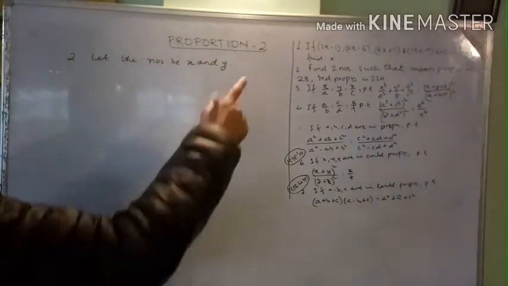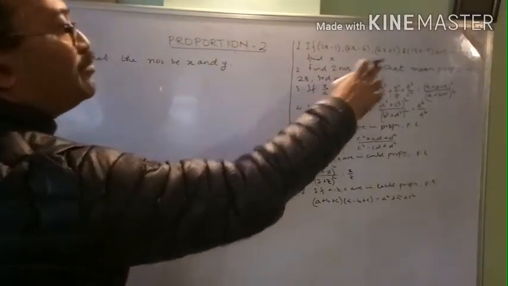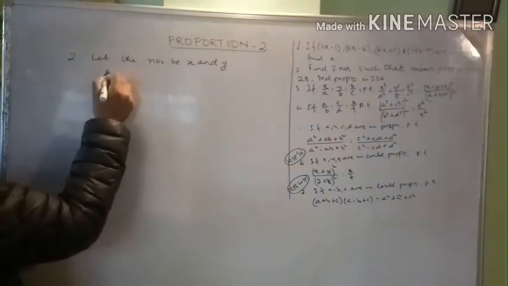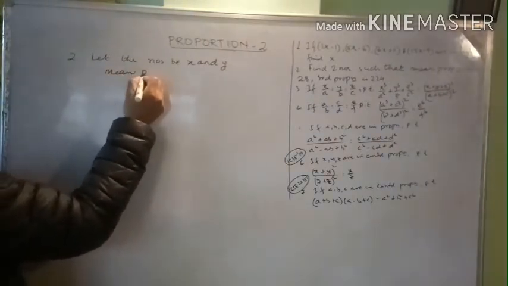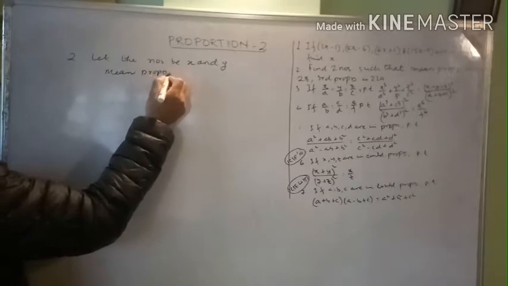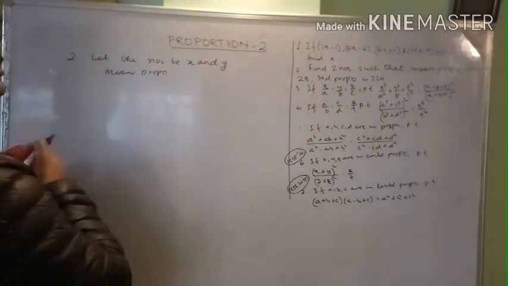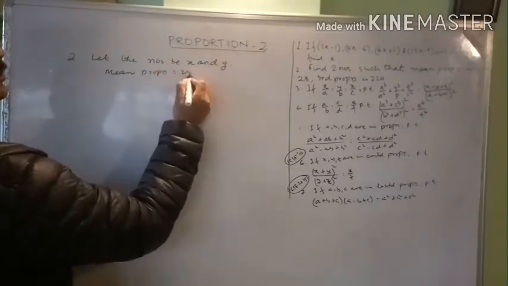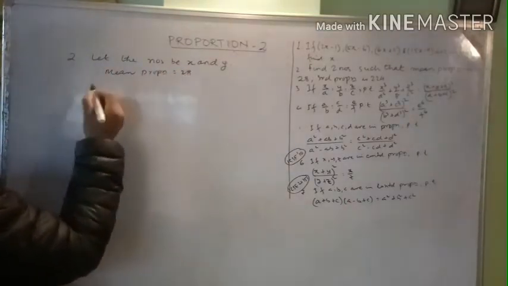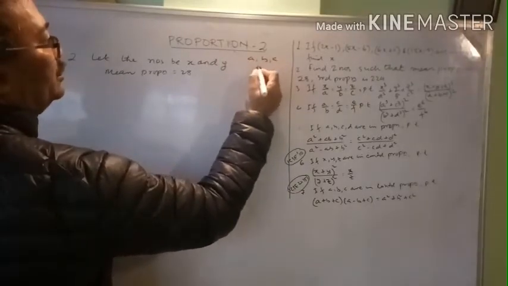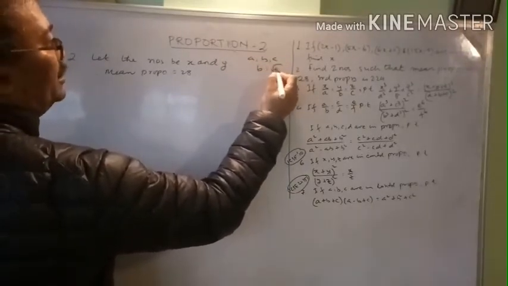So now it's given that the mean proportional is 28. Now you know the formula of mean proportional. When A, B, C are in continuous proportion, B is the mean proportional, it is root over AC.